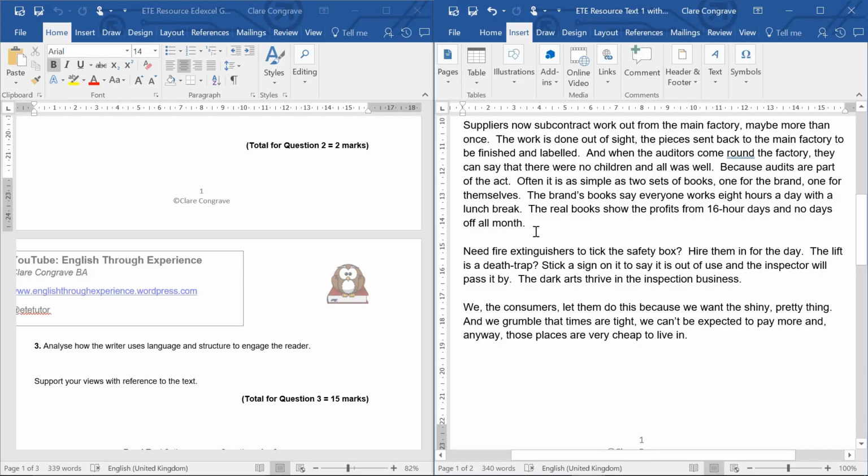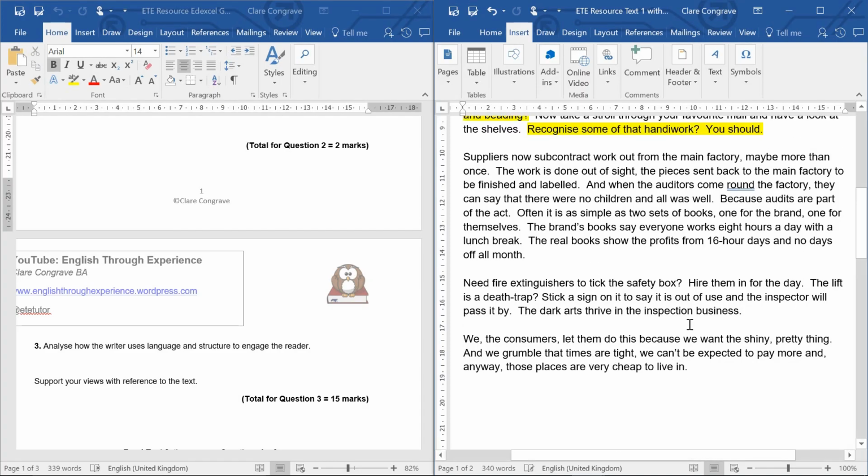I'm not completely convinced with that one because we haven't got any proof as readers, and given the other information we've got, you might feel that that's possibly a realistic piece of information. So it's quite interesting when we're thinking about what's presented as fact and whether or not it is a fact.